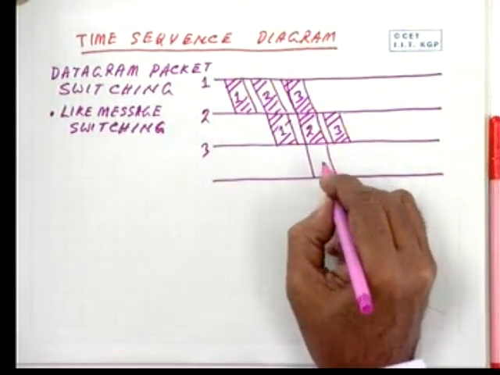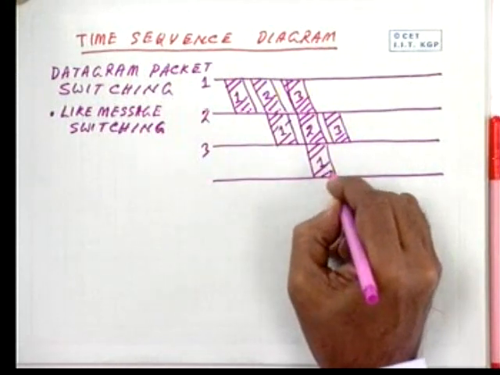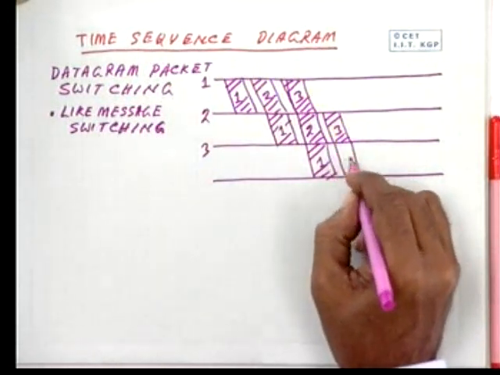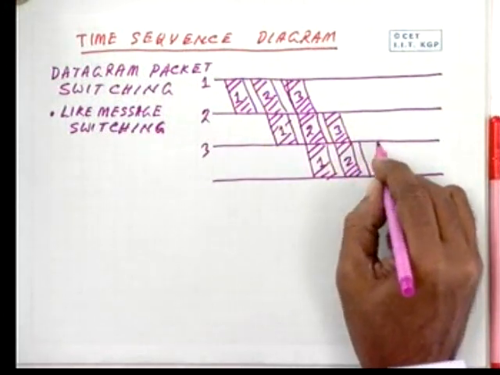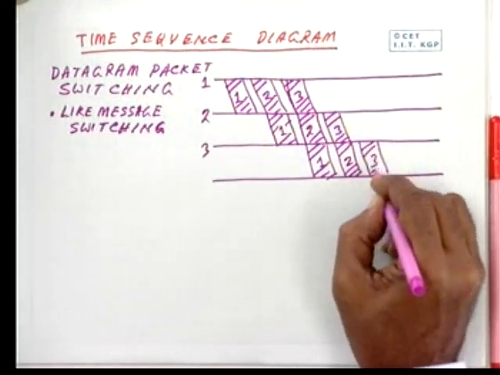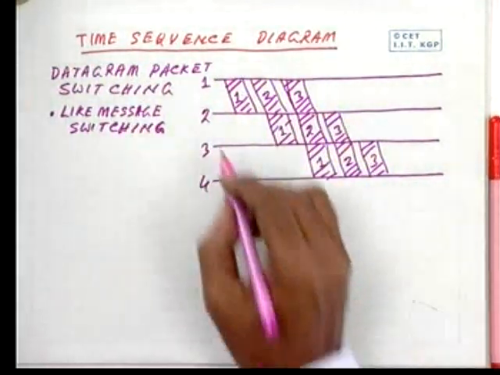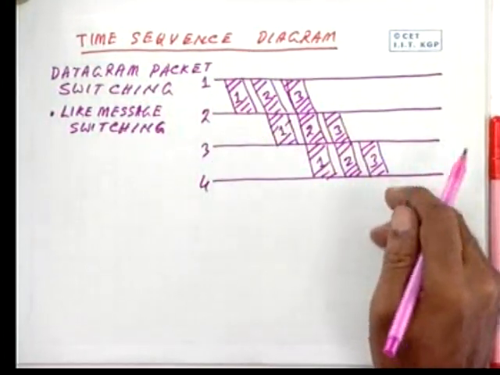Here you will get packet 1 followed by packet 2 followed by packet 3. So communication here is using 4 nodes. Now what are the key features here?